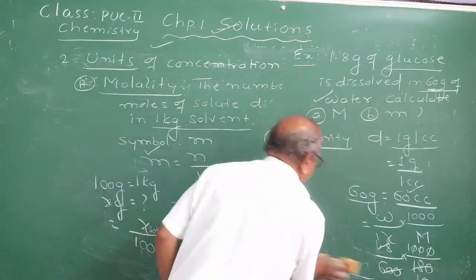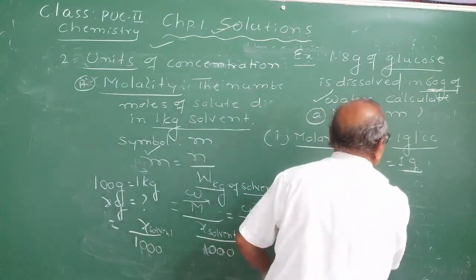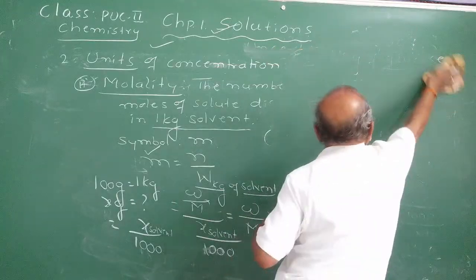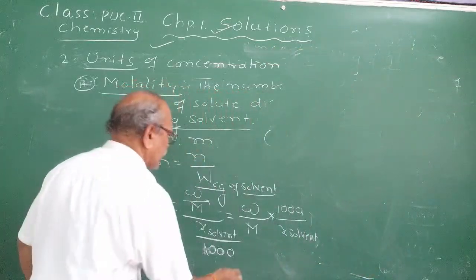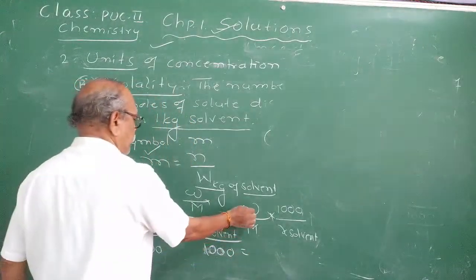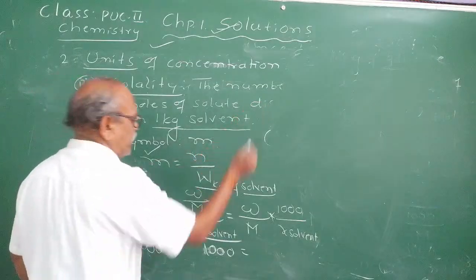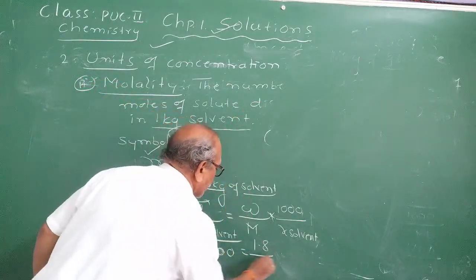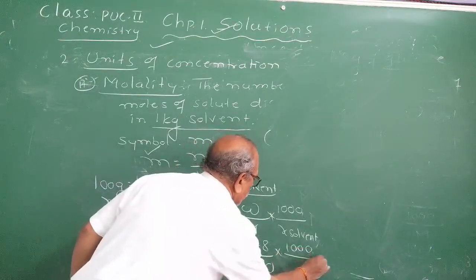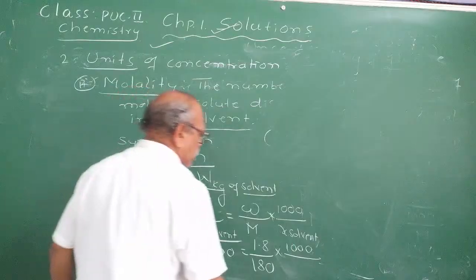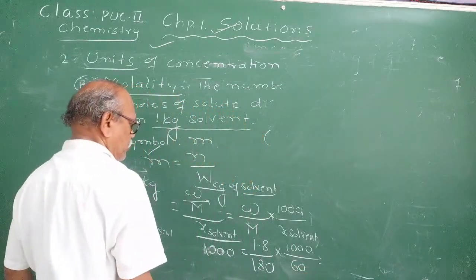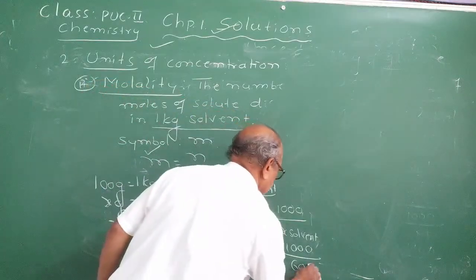Now you can simplify and write the equation. The mass of the solute is 1.8 gram. Molecular weight is again 180. And 1000 divided by the mass of the solvent, which is 60 grams.